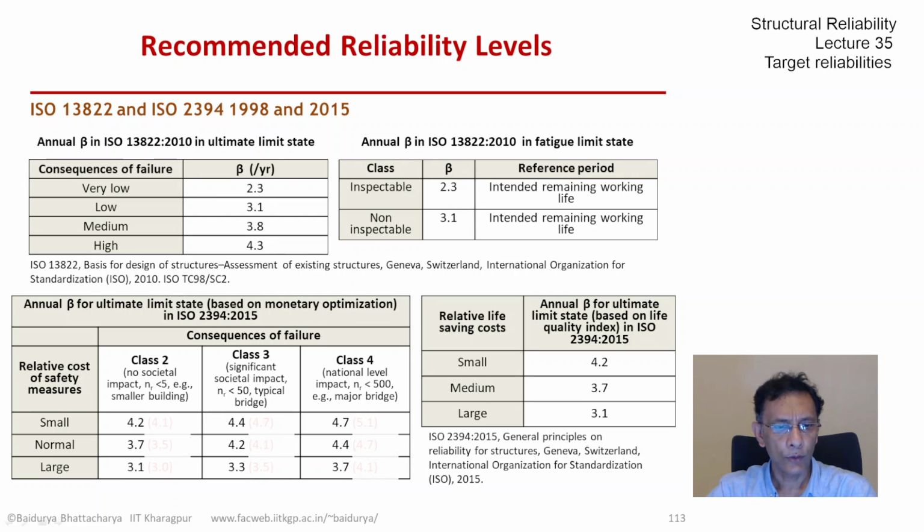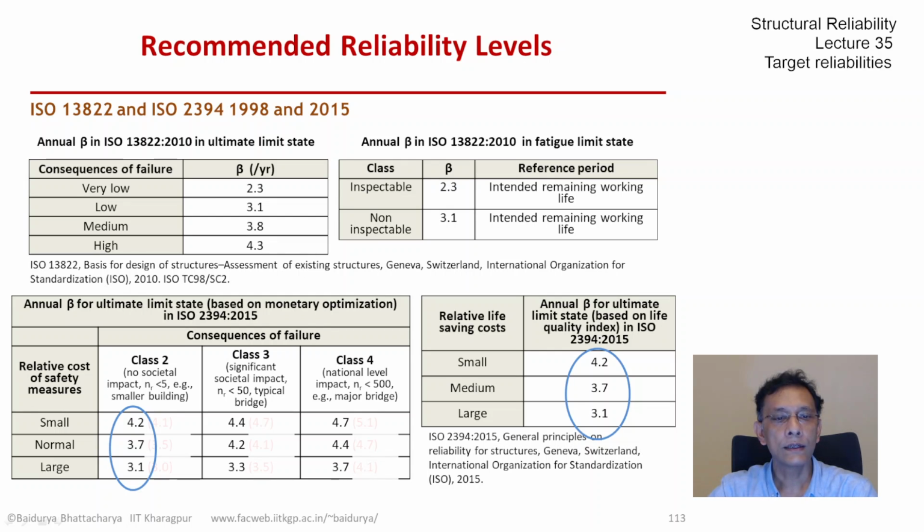So now we would like to compare the columns of the values obtained from life-saving cost versus the consequence of failure in terms of monetary optimization. And we clearly see that class 2, which has no societal impact and the number of lives at risk, NR, is fewer than 5.